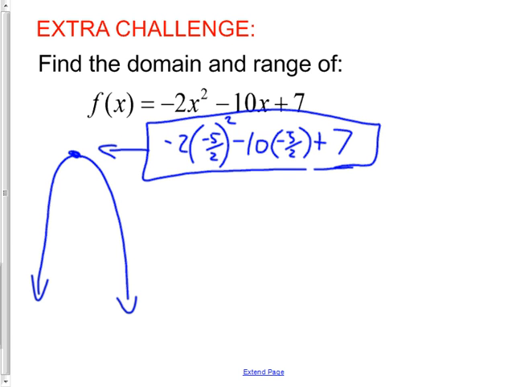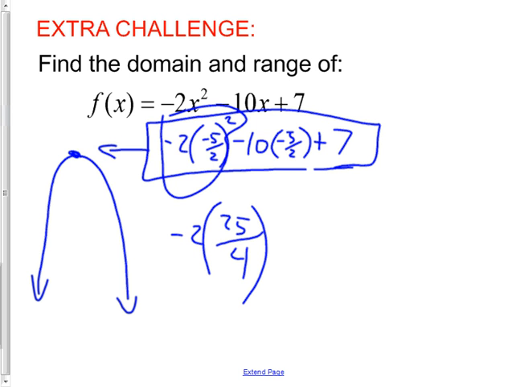Mr. V, simplify this first term for me. Negative 2 times 25 over 4. I agree. Now I'll simplify it further. Can you do a little factoring on the top and the bottom? That might help you to get this done. What's the 4 factor into?